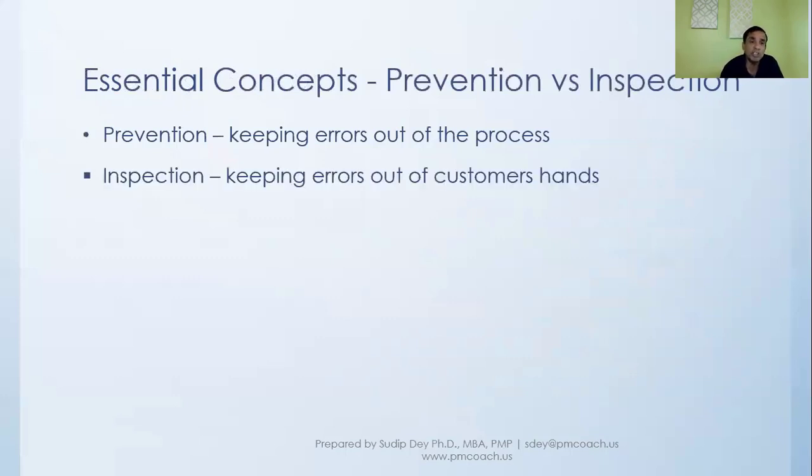As opposed to prevention, inspection means that we are checking if there are errors, and before we release, we correct those errors and keep them out of the customer's hand. So prevention is about keeping errors out of the process. Inspection is about keeping errors out of the customer's hand.